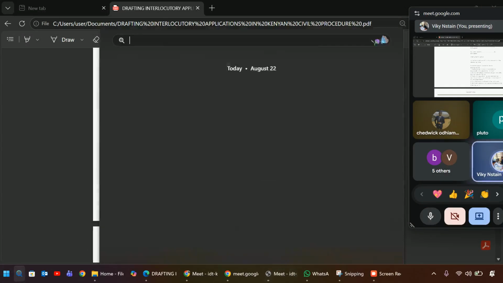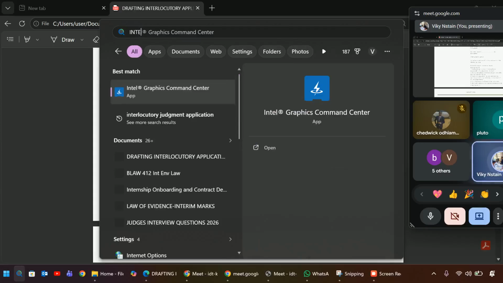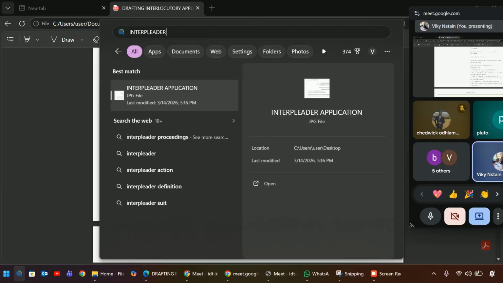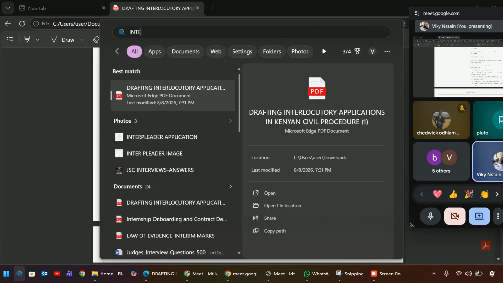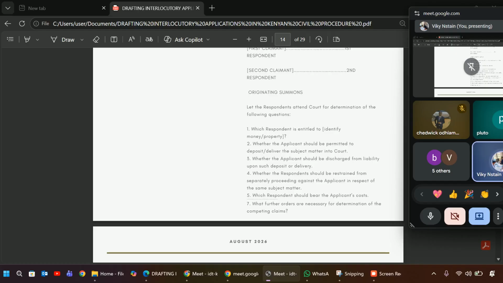Let me search from my laptop. Any person who has an interpleader proceeding, can you project it so that we see the language?